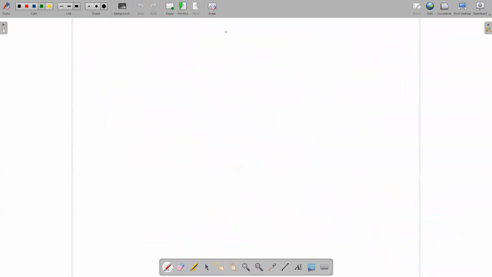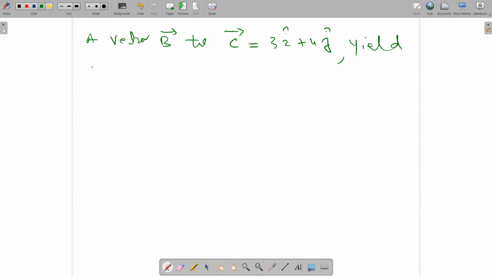After this, the question is: a B vector when added to C vector, where C vector value is given as 3i plus 4j, yields a resultant vector. Surely when you add B plus C, it will give you the resultant vector.